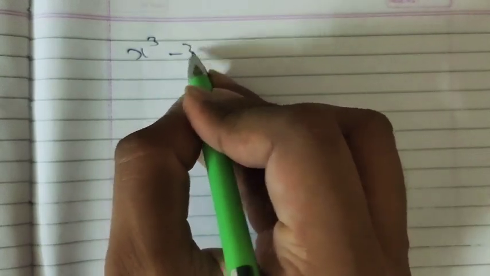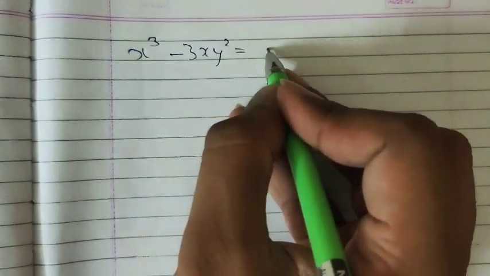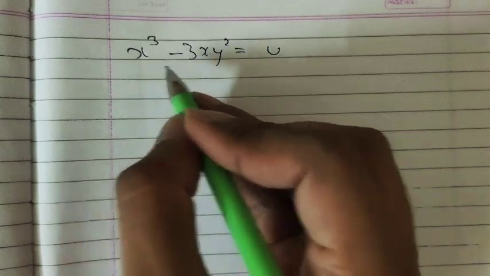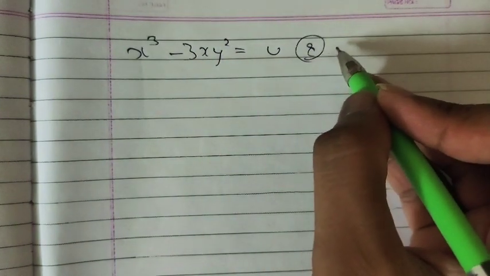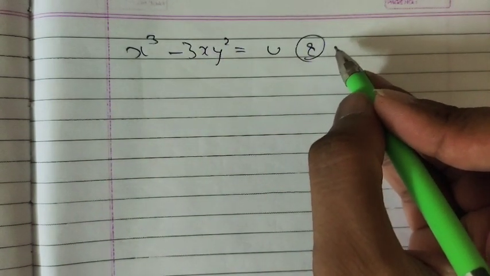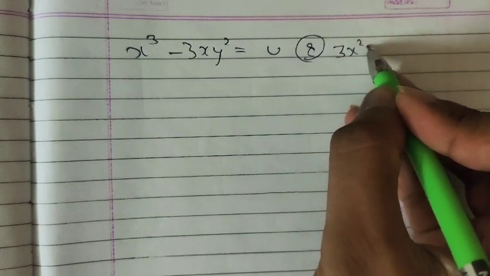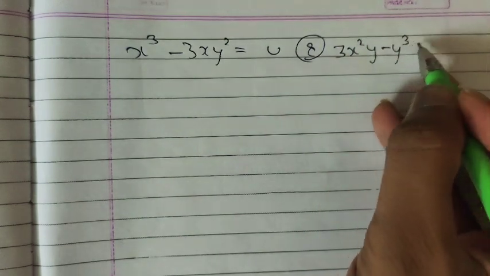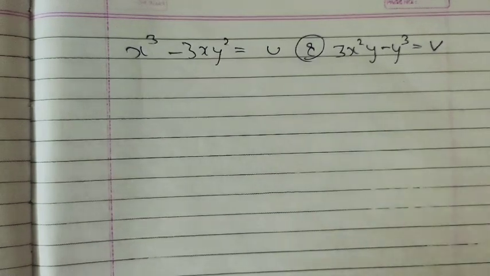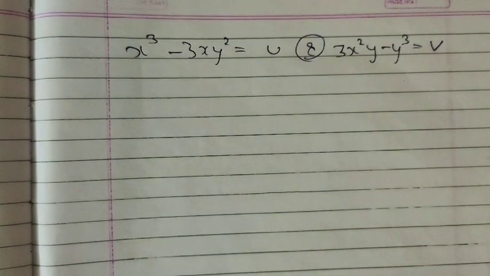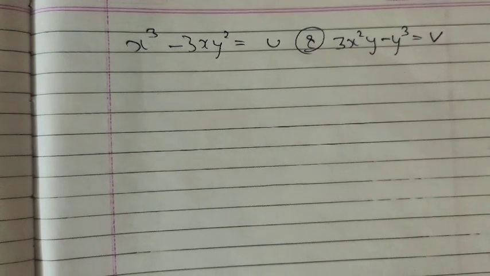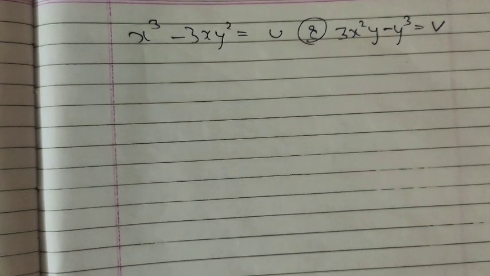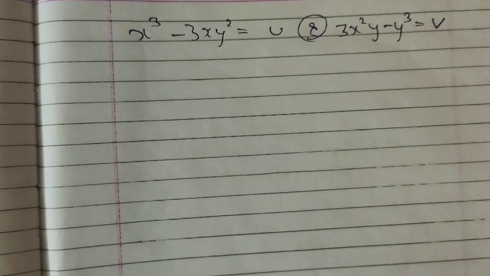We have x cube minus 3xy square is equal to u, and 3x square y minus y cube is equal to v. So x cube minus 3xy square is equal to u, and 3x square y minus y cube is v.